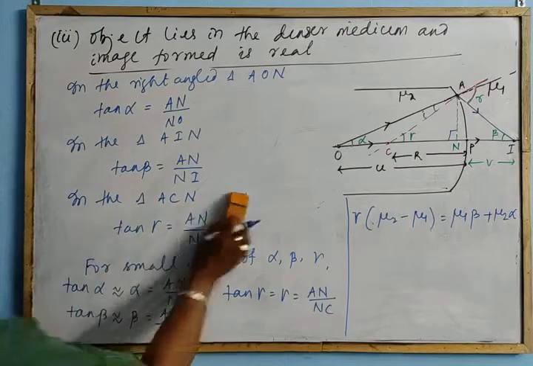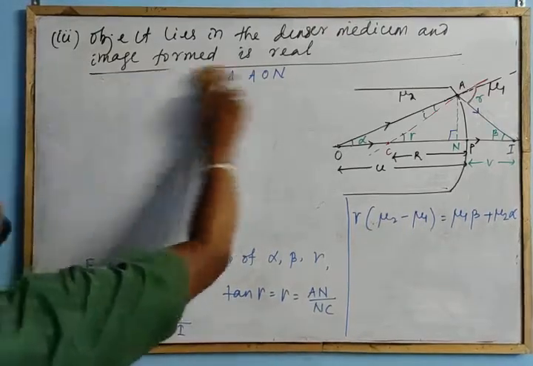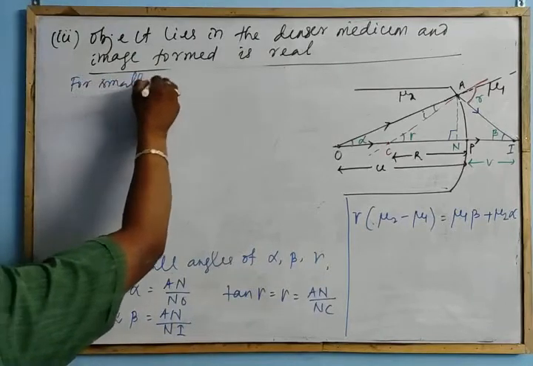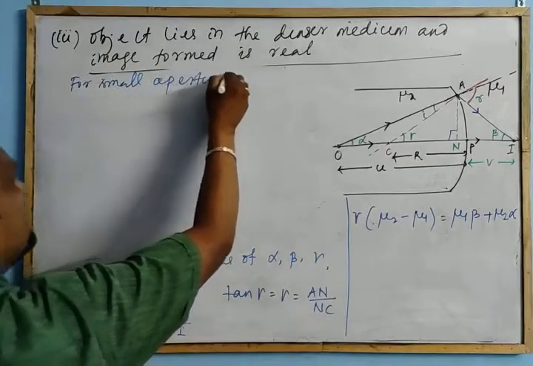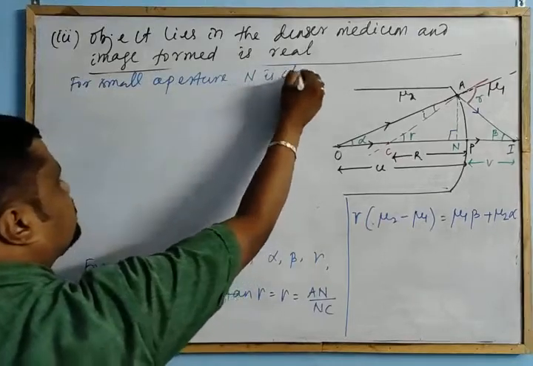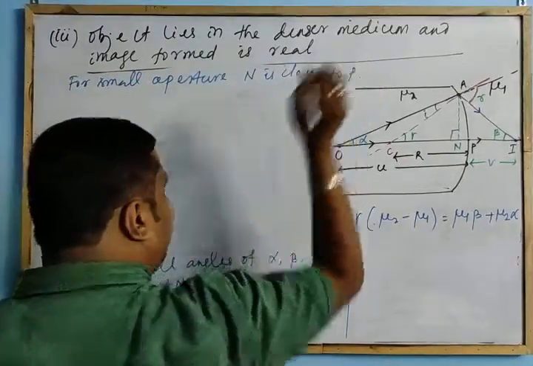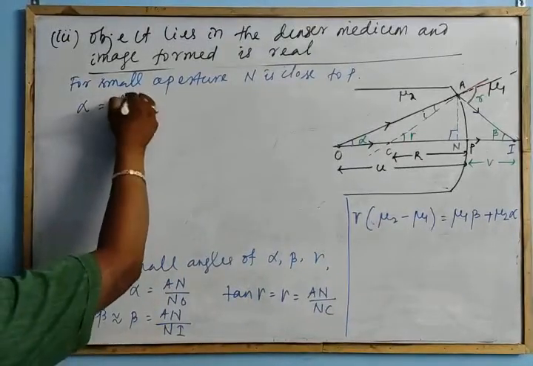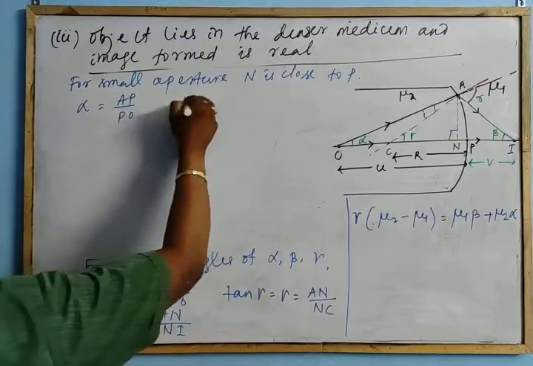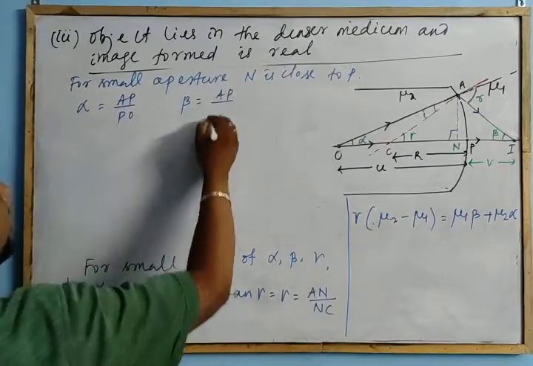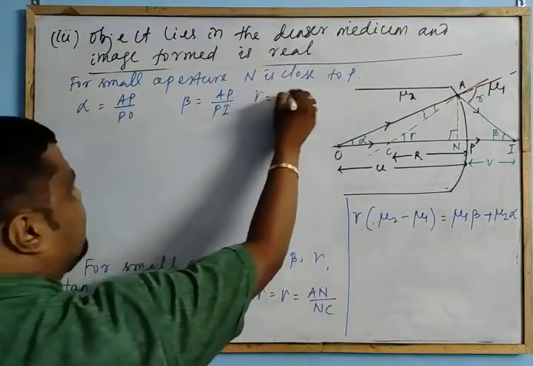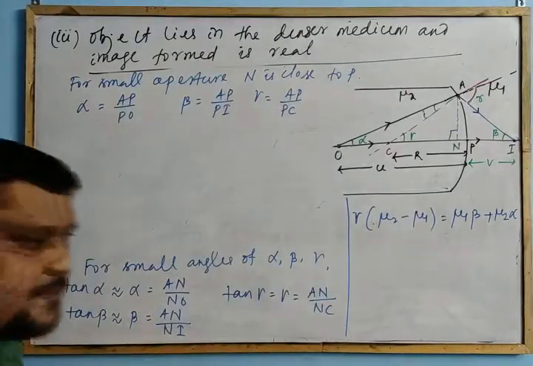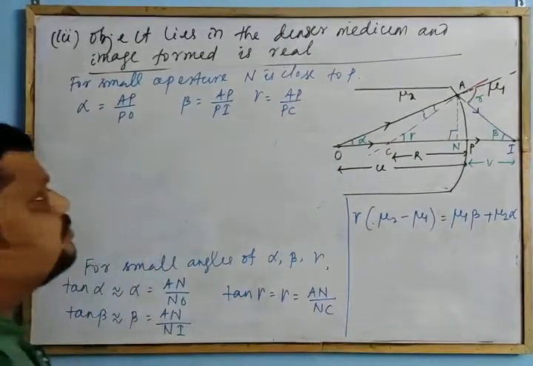Another assumption is that for small apertures, N is close to P. So in place of N, we can take P. So alpha, I will write this as AP by PO, beta AP by PI, gamma AP by PC. With these two assumptions, small angles of alpha, beta, gamma, and N is close to P.